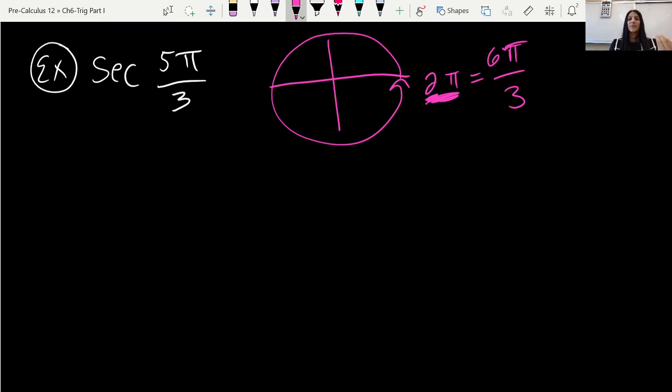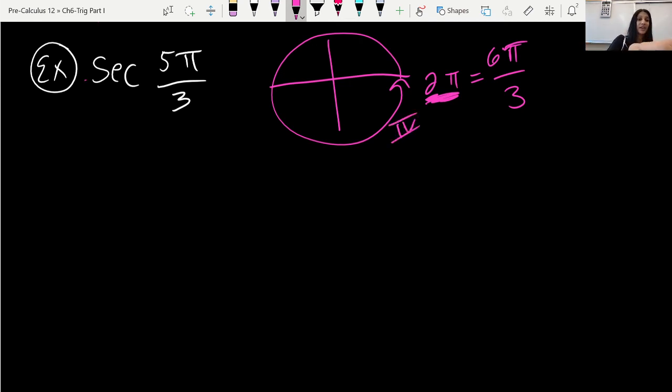The reason I'm doing that is to help me to figure out where I go on the unit circle. Which quadrant am I going to be in? This is helping me to figure that out. Okay, so then I know based on that that I must be in the fourth quadrant here.